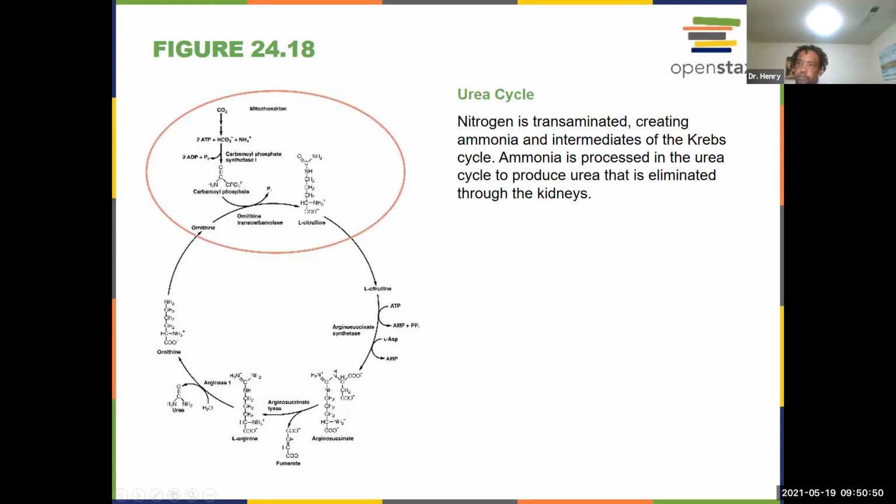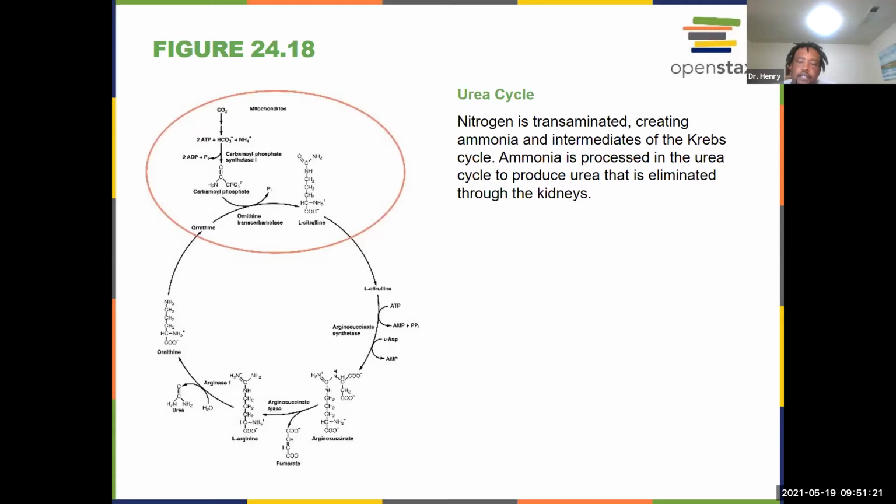Your amino acid is going to react with the L-citrulline, and it's going to end up making the amino acid aspartate. It's going to end up making arginosuccinate.